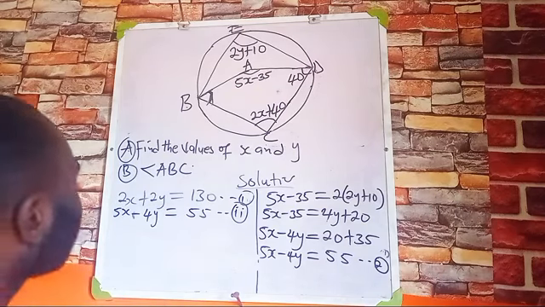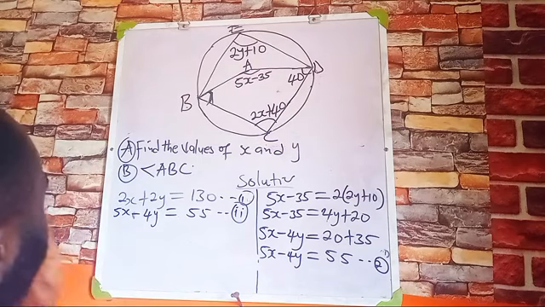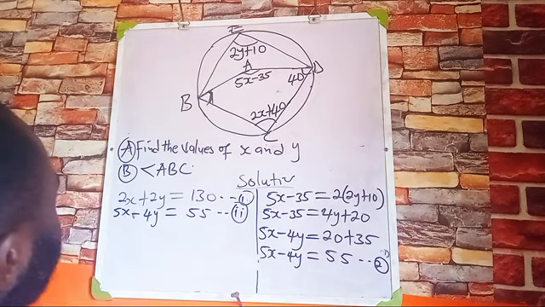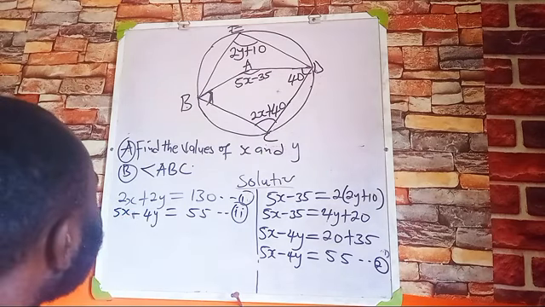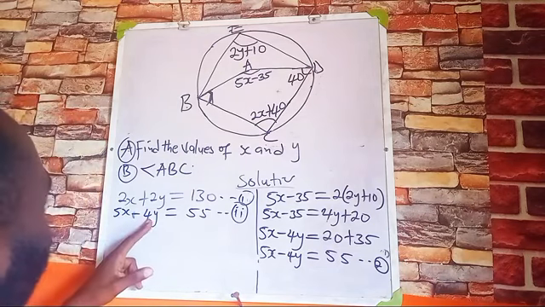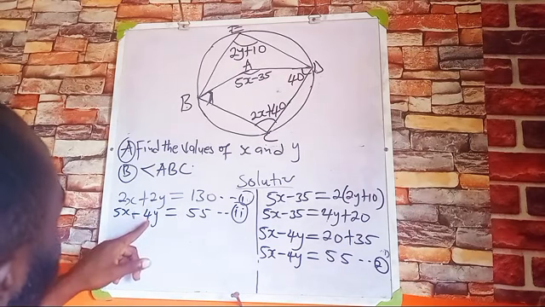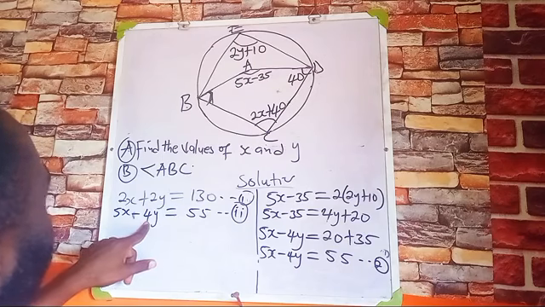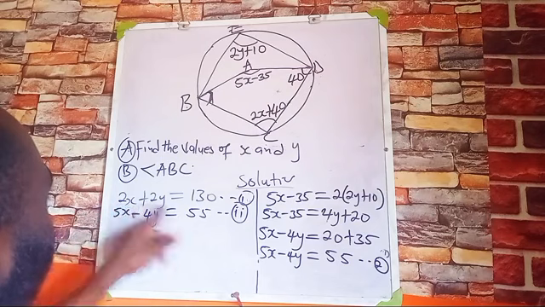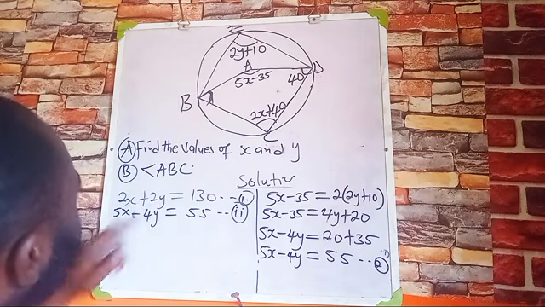We are using the elimination method, so we try to eliminate or do away with one of the unknowns. We can decide to do away with x, or we can decide to do away with y. But let's just eliminate y. In trying to eliminate y, we try to make the coefficient of y the same, so here we make y have the same coefficient of 4. How are we going to do that? We multiply the first equation by 2 so that y will have 4 as coefficient.